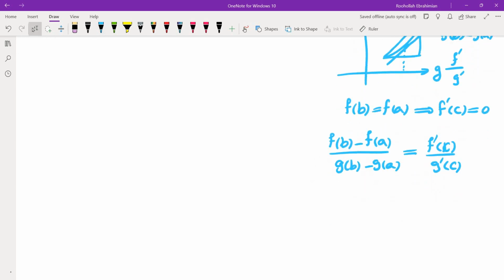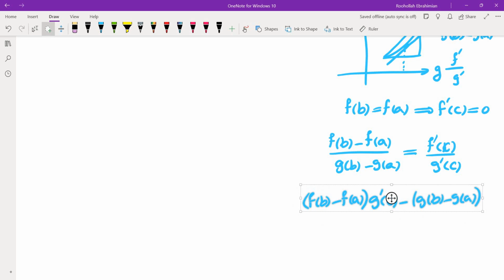If we look at this fraction and cross multiply, we can write it in the form f of b minus f of a times g prime of c minus g of b minus g of a times f prime of c equals 0.